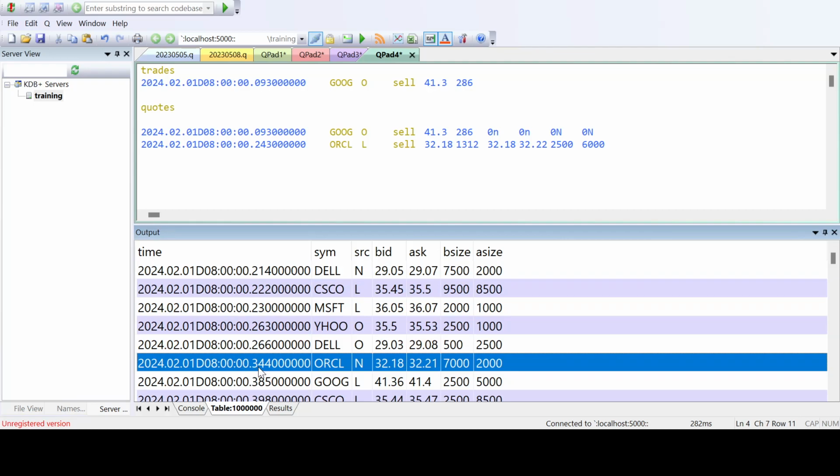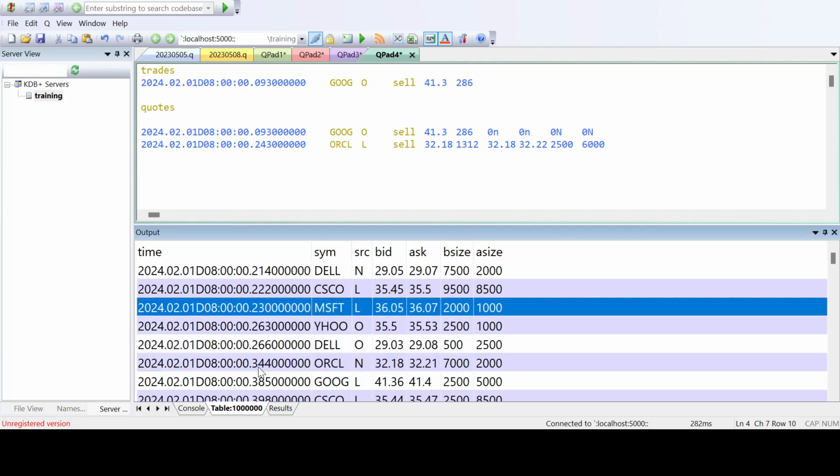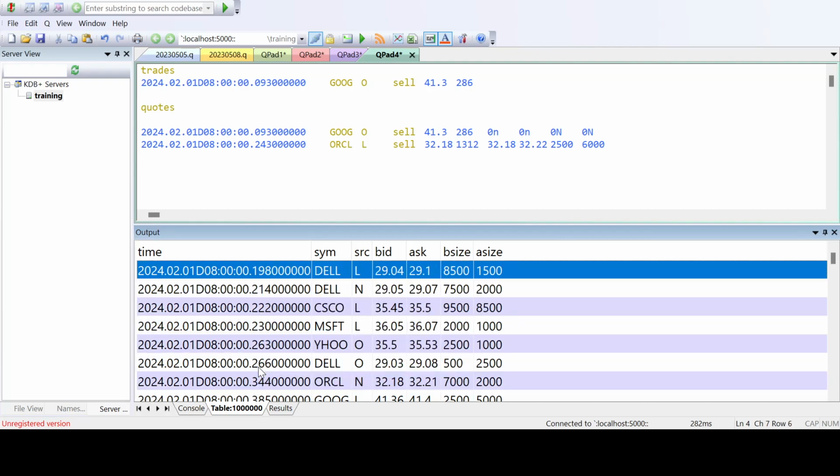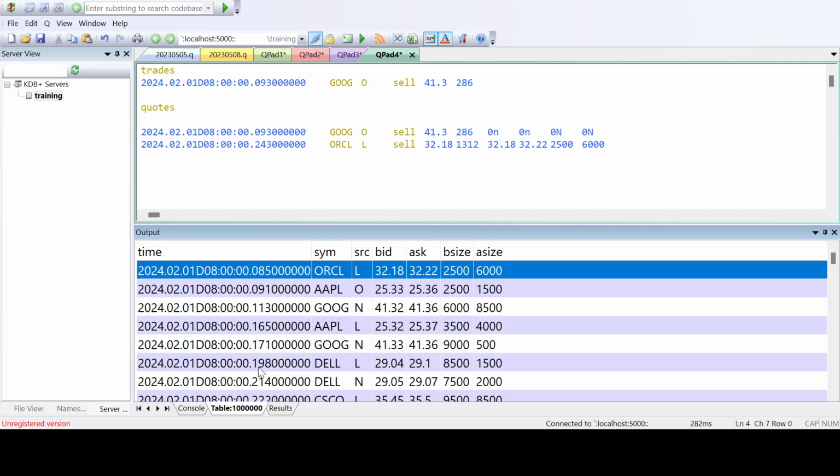Between 0.344 and 0.085 there is no other record, and 0.085 is the only record less than this time.